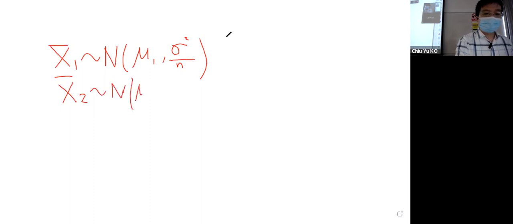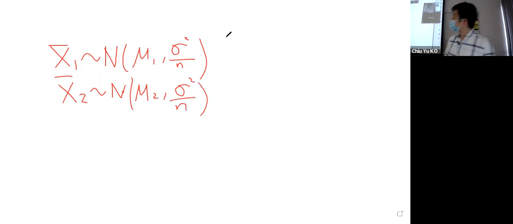And by the central limit theorem, you also have this for x2 bar. So this is saying the sample mean has a normal distribution. The question is asking whether mu1 and mu2 are the same under the null.